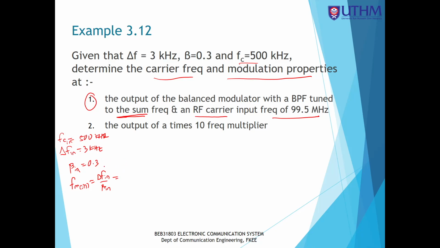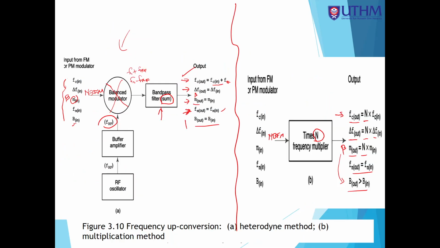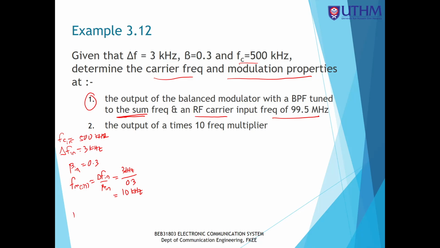This is 3 kilohertz divided by 0.3. So we get the value of 10. So FM is 10 kilohertz. Okay, so up to here we get all the parameters. Bandwidth, you can also calculate bandwidth, but 0.3 is not available in the table. Maybe you can use bandwidth by Carson.